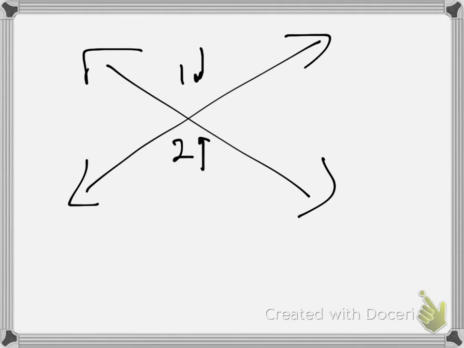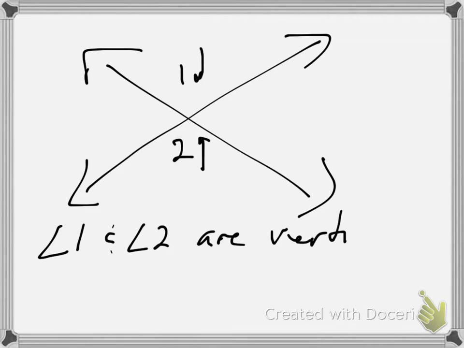See how they're looking kind of right at each other? And since they're vertical, we can say that they are congruent to each other.